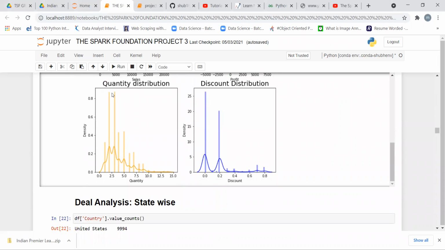Here it is shown as density, and here it is quantity, around 2.5.